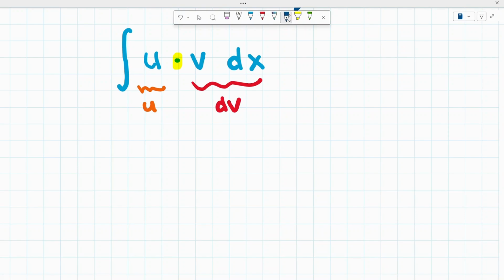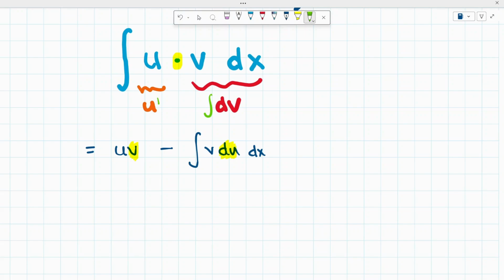And then using our integration by parts formula, we get that this integral equals uv minus the integral of v du, and this is still integrated with respect to x. So things to remember here is that this v is the integral of our dv, and this du over here is the derivative of our u.